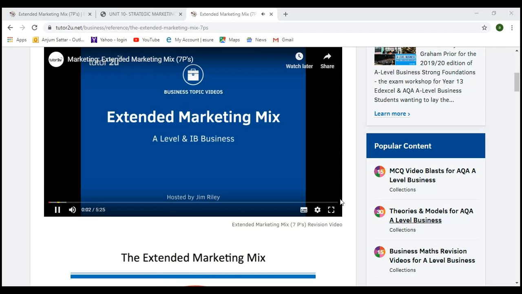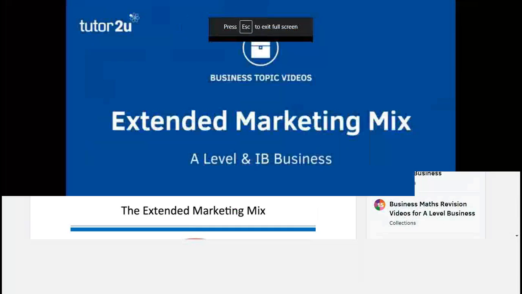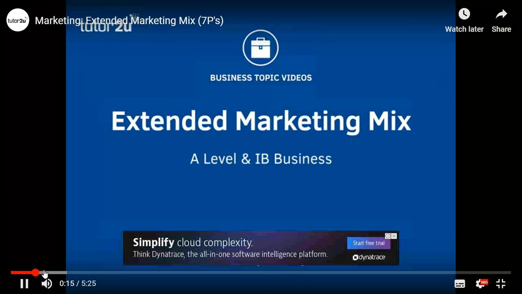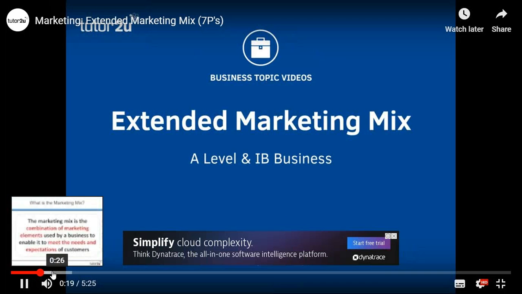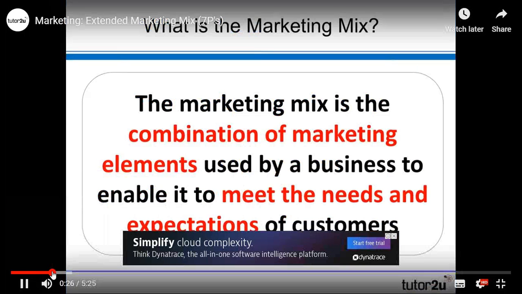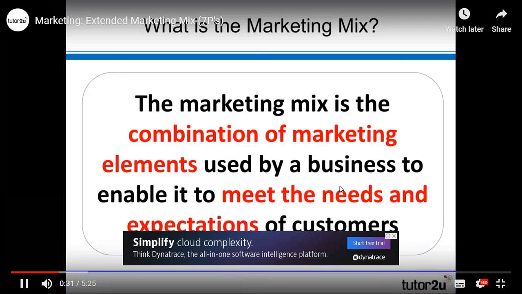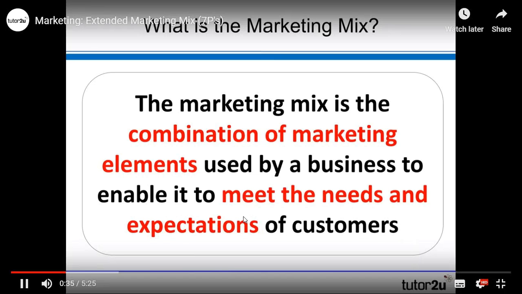Hi there. As you look at marketing and marketing strategy, you realize that marketing is more complex and commonly has more Ps, so the extended marketing mix. These are elements used and combined together to meet the needs and expectations of customers.